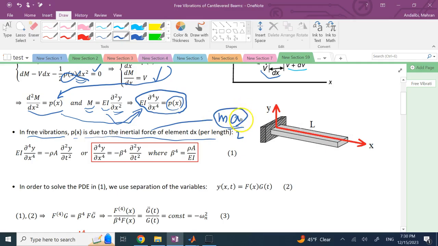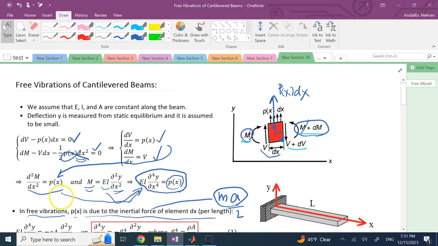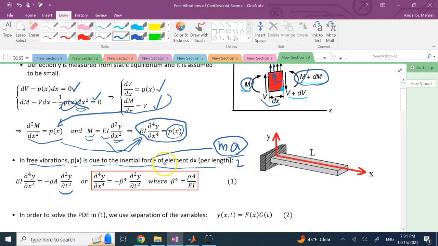Well, a is the second derivative of y with respect to time, which you can see. Mass per length: here we assume that the cross section of the beam, as well as the second moment of area and Young's modulus, are constant along the beam. If they are not, then this relation is not going to be just like that.